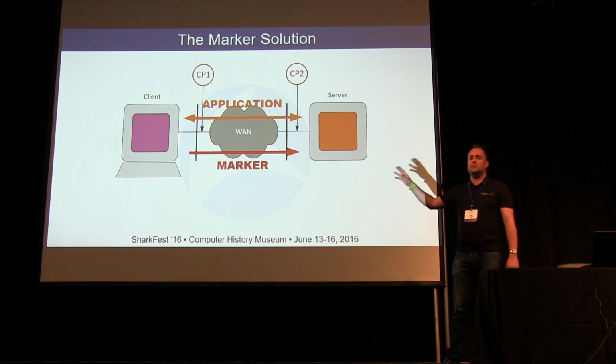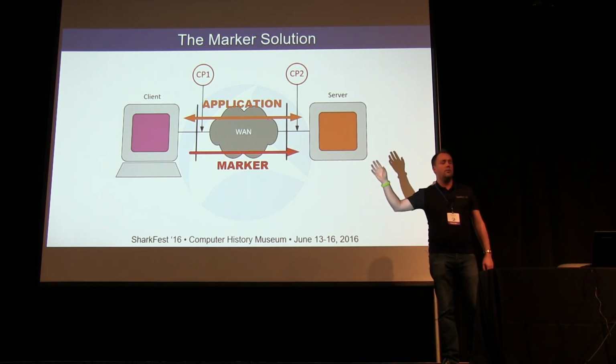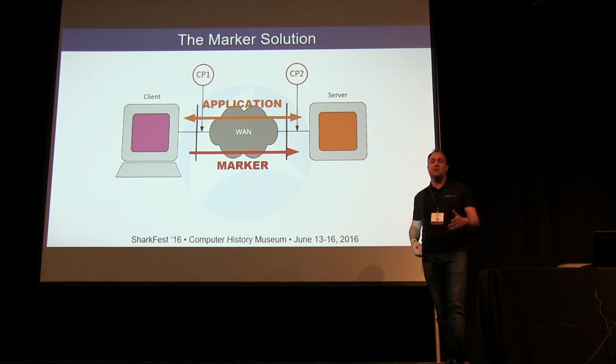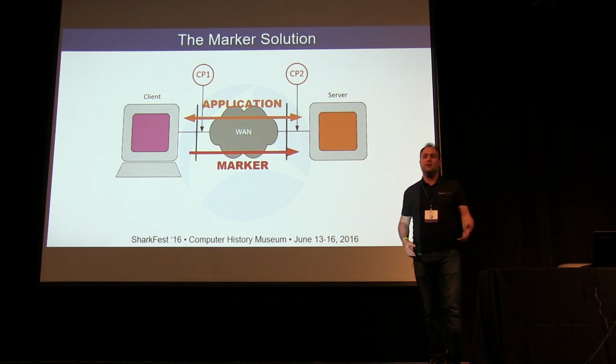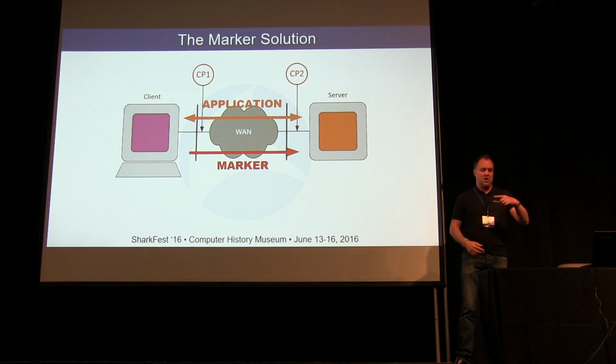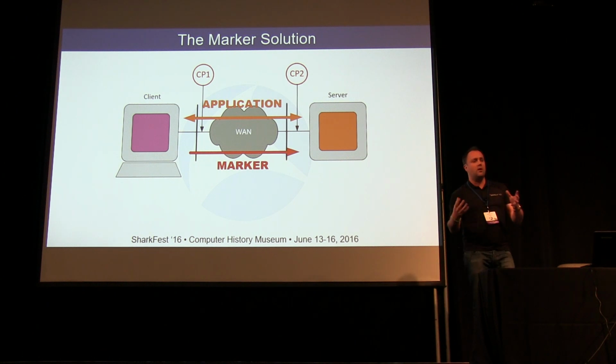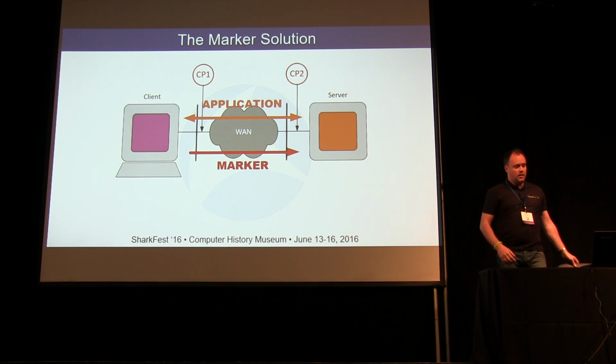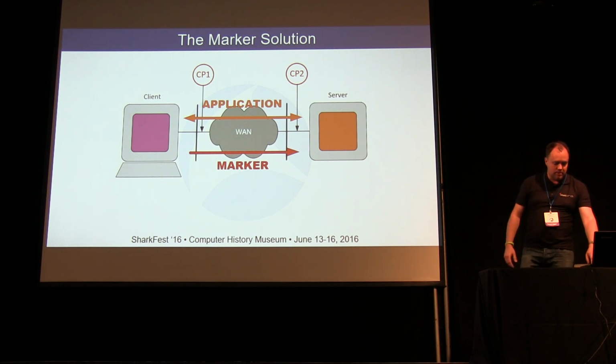One of the interesting things here is we've got the marker going in one direction. We don't really care about it coming back. We're not necessarily interested in the response from a marker, because what we want to do is find the marker, and then back up from there to actually find the traffic and the packets that we're interested in. There is an exception to that, which I'll come on to a bit later on.